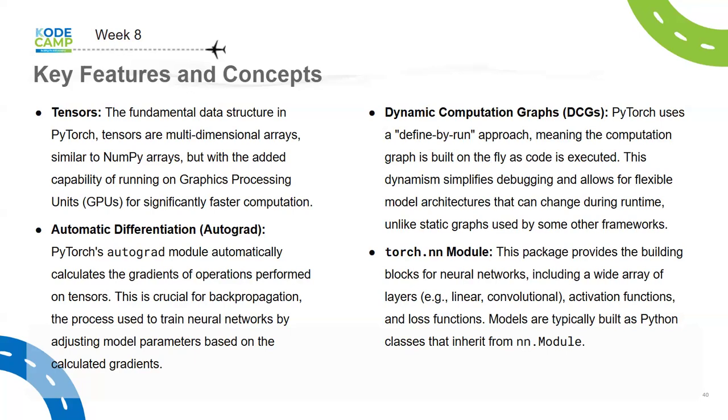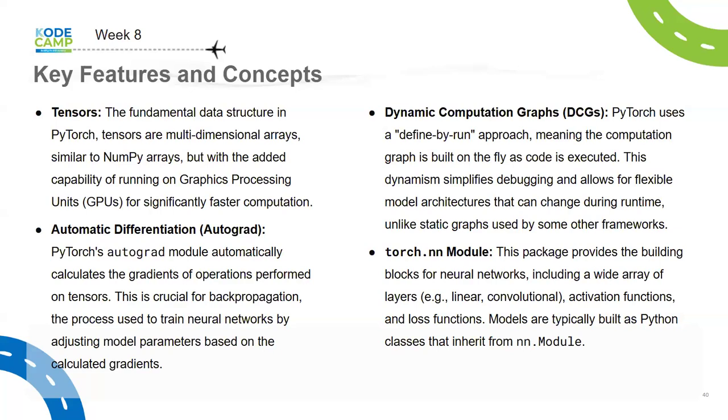Then PyTorch also has a dynamic computation graph, like I mentioned already. So as you are running your training code or your model building code, the computational graph is being built as the code is executed, right? So that simplifies debugging because it means you can just jump in and change things at any point and rerun the code instead of having to recompile the computational graph.